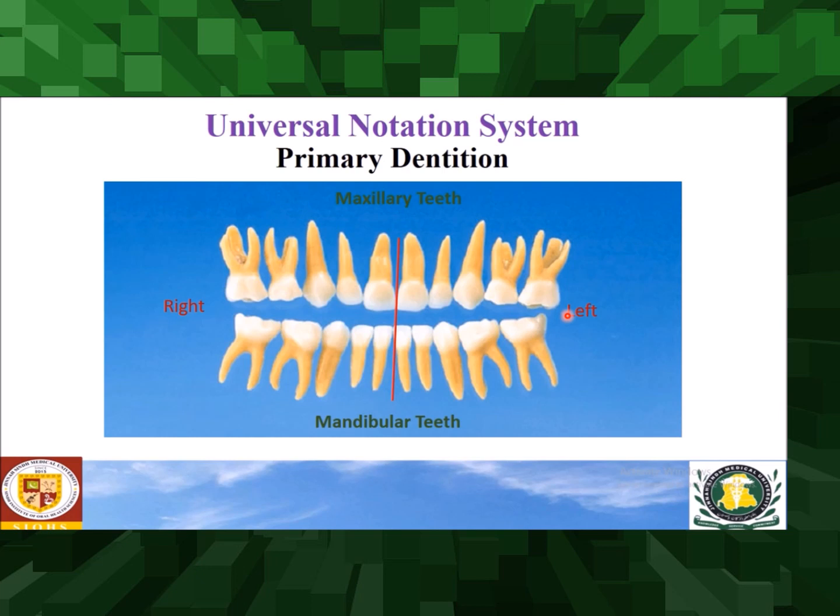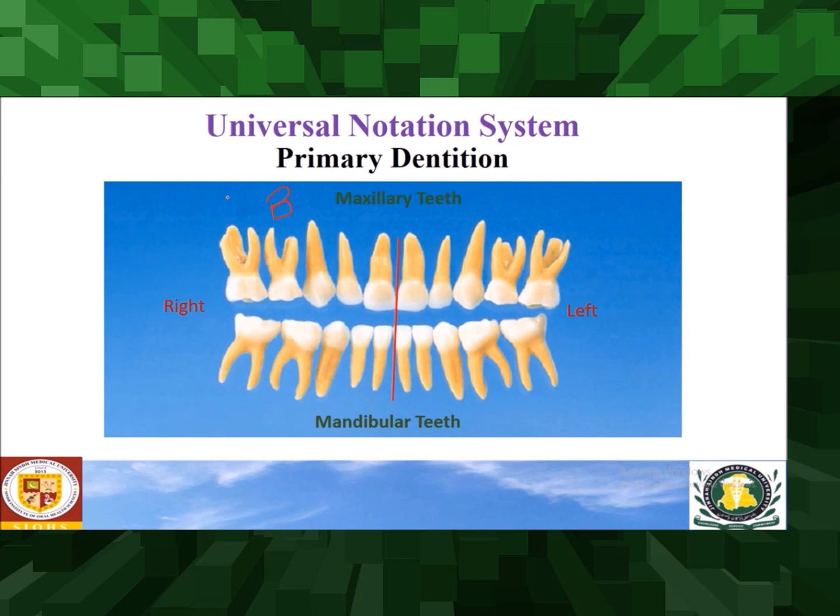For the right maxillary first molar, the notation in the universal notation system is alphabet B.